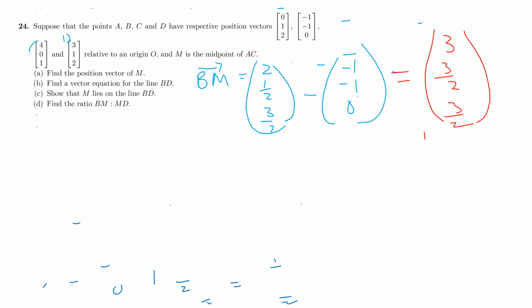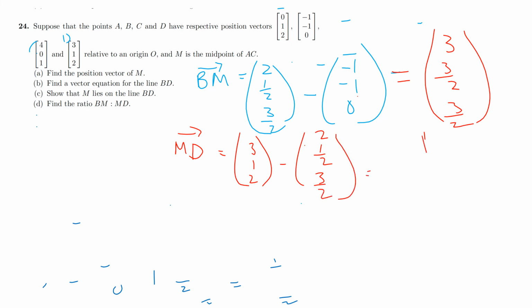And when I do MD, I'm going to take D, and subtract M. And do that, I get 1, a half, a half.